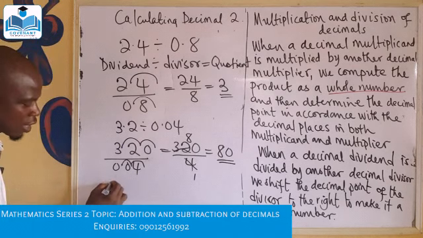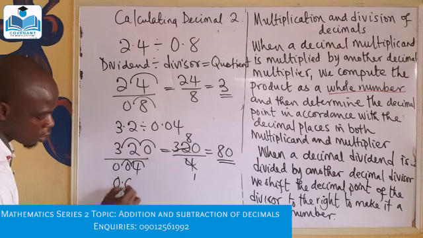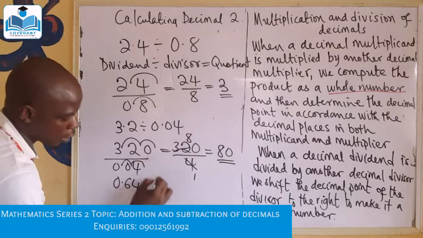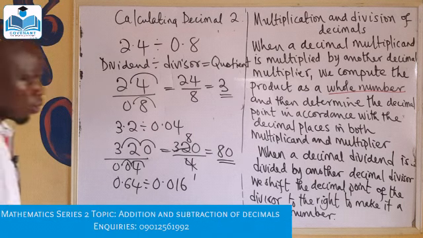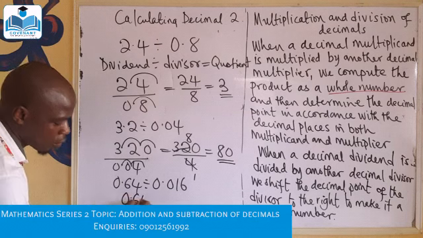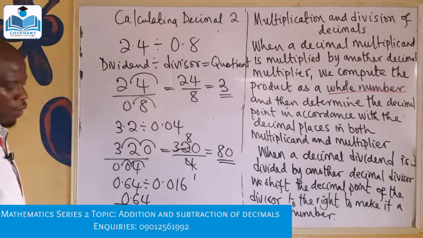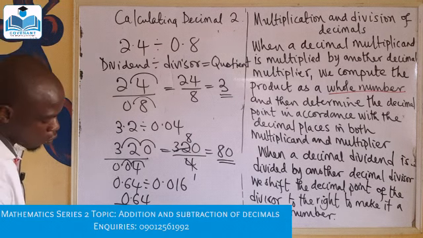Also, for instance, let's say I'm having a question like this: 0.64 divided by 0.016. I want to do this division. Another thing you can do is, after your decimal, how many digits do you have there? 1, 2, 3.